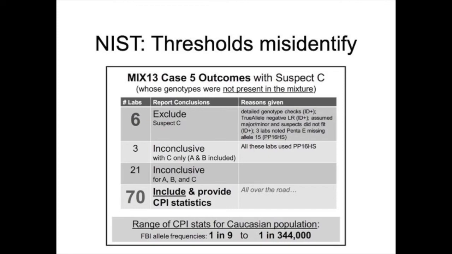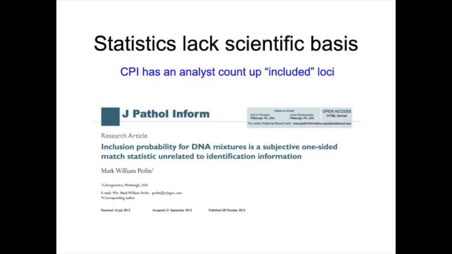I should stress these CPI methods have nothing resembling scientific validation papers. They're not peer-reviewed. They've never been studied. They're just rules that people follow. I actually looked at data from a lab and analyzed it and published a paper 5 years ago based on data that show that the CPI method is nothing more than an analyst counting up how many locations they subjectively think a defendant is included in.